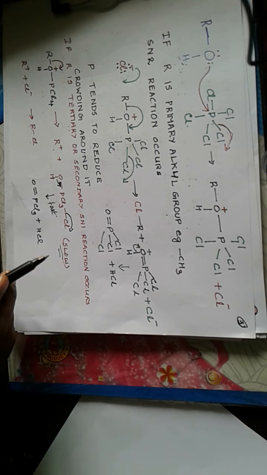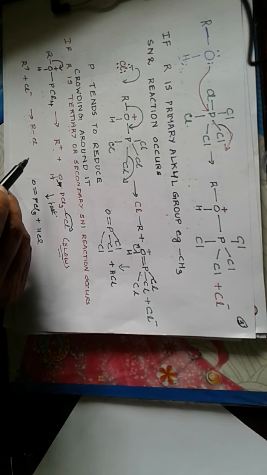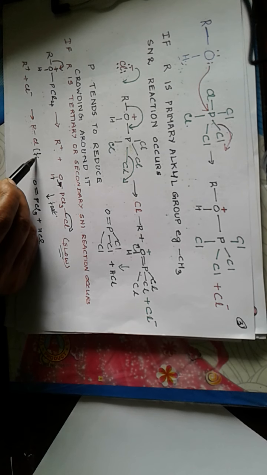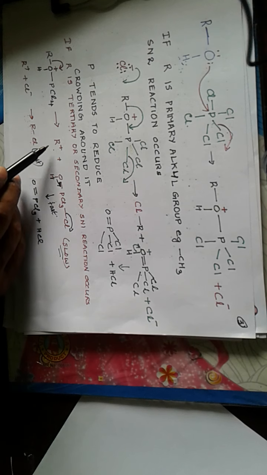And then the second step, that is R positive plus Cl negative giving RCl, is a fast reaction, because SN1 reaction involves two steps. Step 1 is slow, the rate determining step, that is formation of the carbocation, and then the carbocation combining with the nucleophile is a fast step.